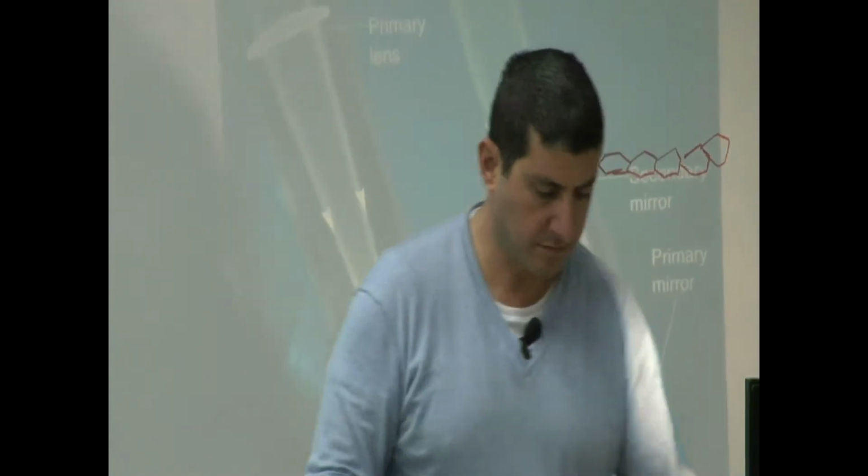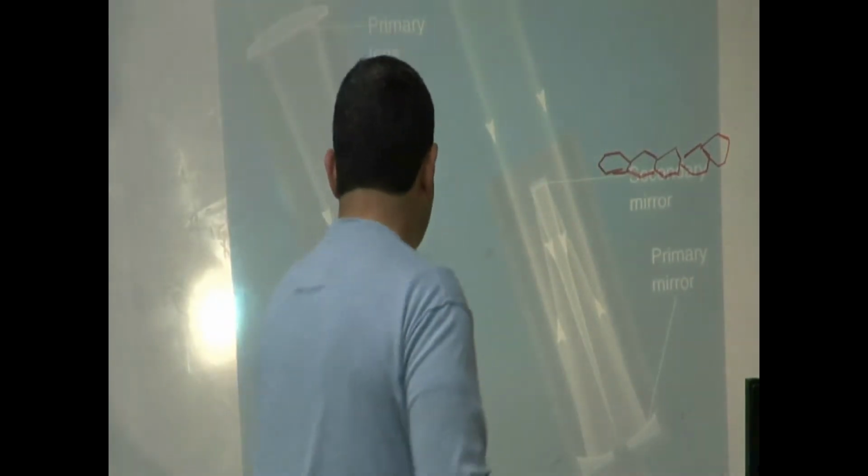The basic idea of these lenses, you see these ones here, it says refracting and reflecting. These are the two major kinds, you see.